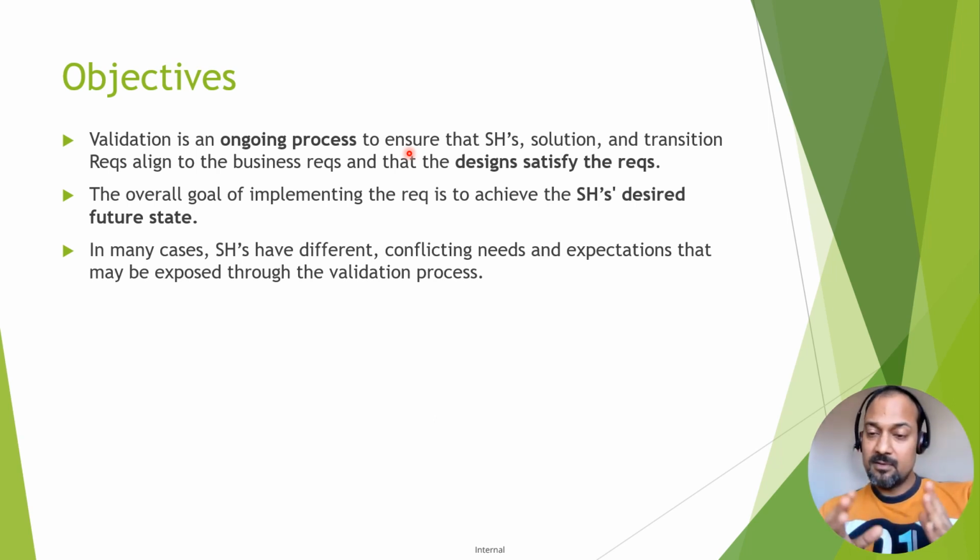So ongoing process means the end user and the customer are always there too, because it is the end product we are delivering to the users and they are working on that product. So that's an ongoing process.